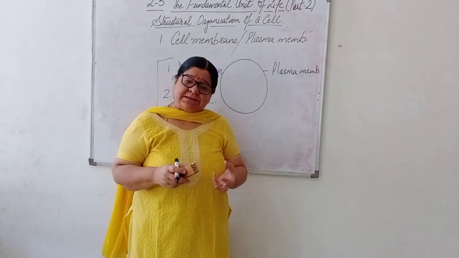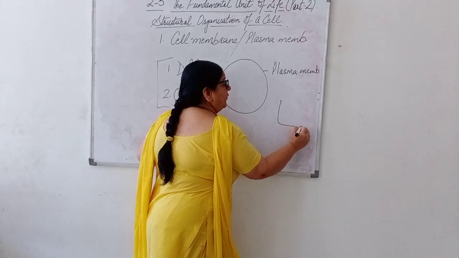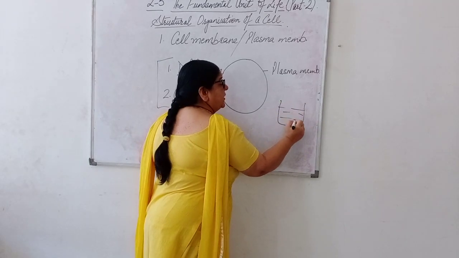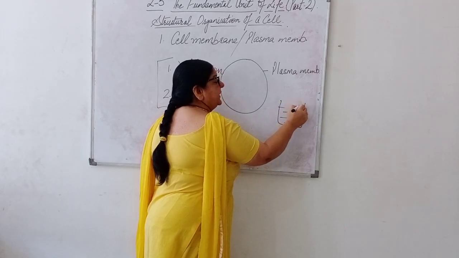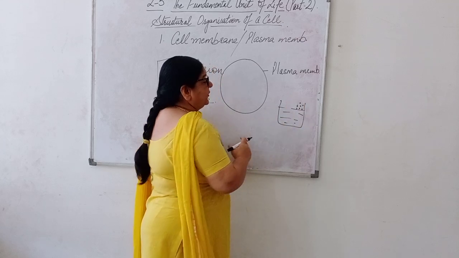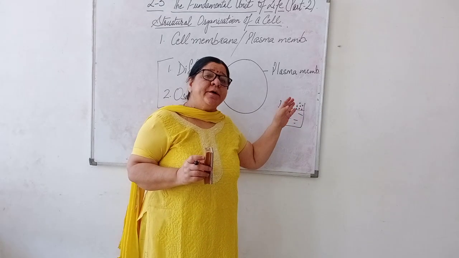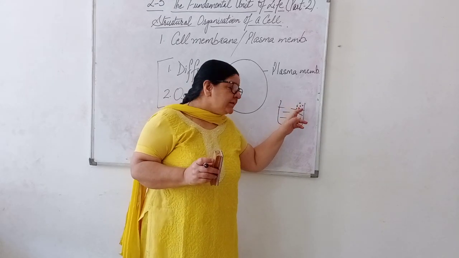Or, we did an example that if we take a beaker of water and we drop some ink in it. We put some drops of ink in it. If we are putting it here, the concentration is more here at this corner.